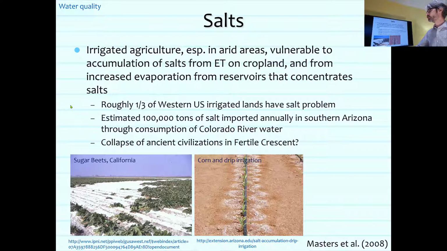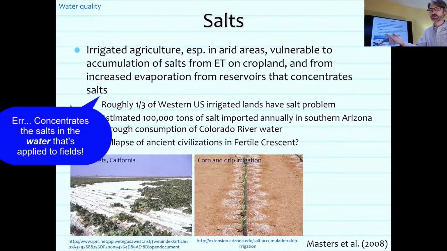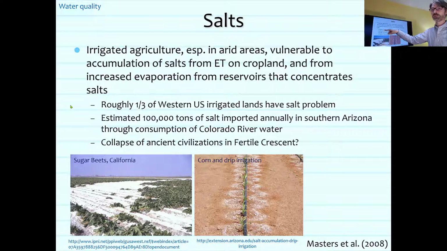Irrigated agriculture, especially in arid areas, is vulnerable to the accumulation of salts in the soil because of evapotranspiration on cropland and from the increased evaporation from reservoirs that then concentrates the salts that are applied to agricultural fields. Importantly, roughly 1/3 of western United States irrigated lands have a salt problem.